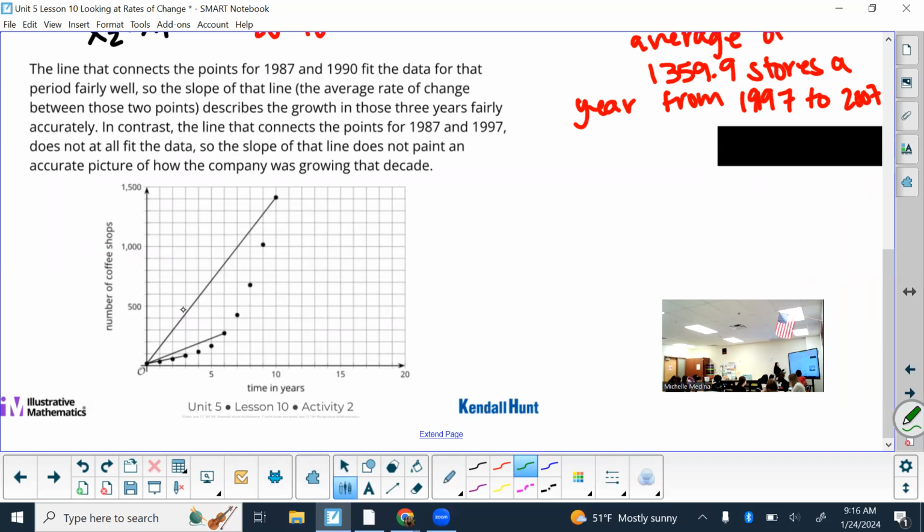I know this is a different situation, but it'll probably look really similar. If I go from 0 to 7, do you think that this line touches a lot of the points? So then that's less of a good fit, because they're more spread apart.